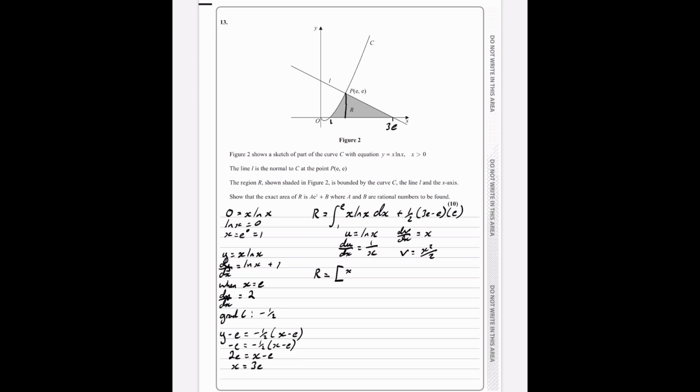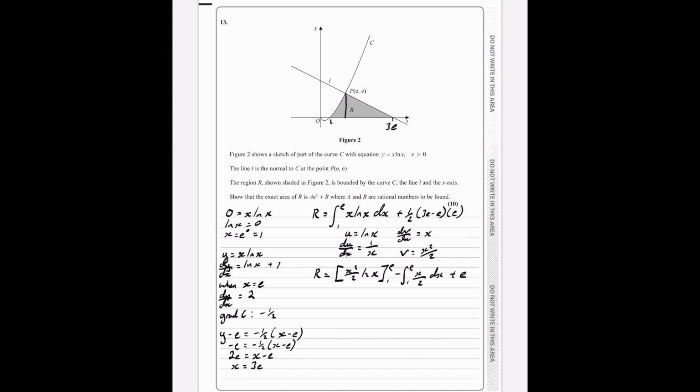And so the region is uv. So there's my u times v. And then minus the integral of v du/dx. Which simplifies nicely to x over 2.